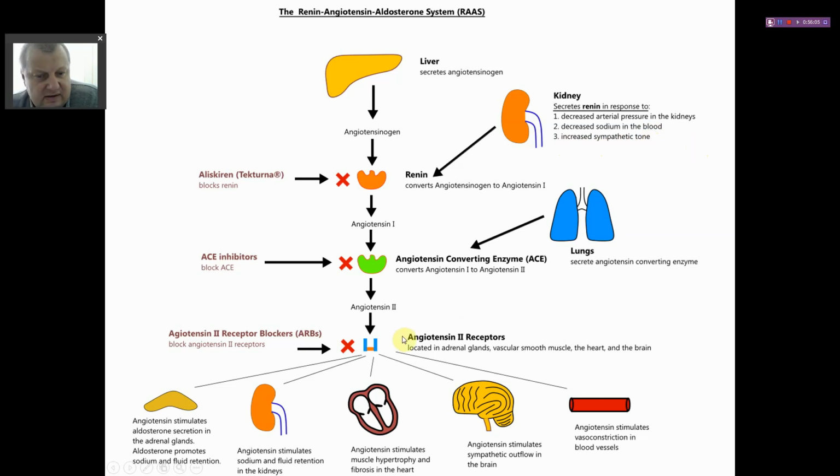And also from this figure you could see that angiotensin 2 receptors are located in adrenal glands, vascular smooth muscles, the heart, and in the brain. And the conjugated action of this system, the renin-angiotensin-aldosterone system, provides the water-mineral balance in our body.